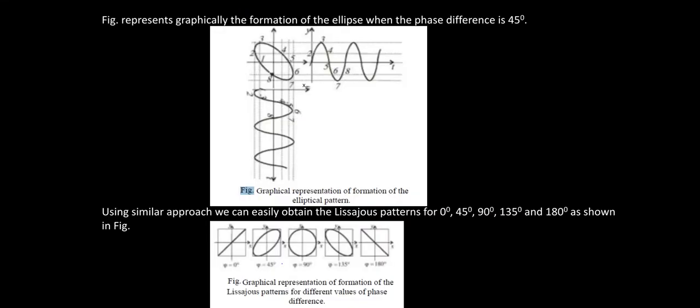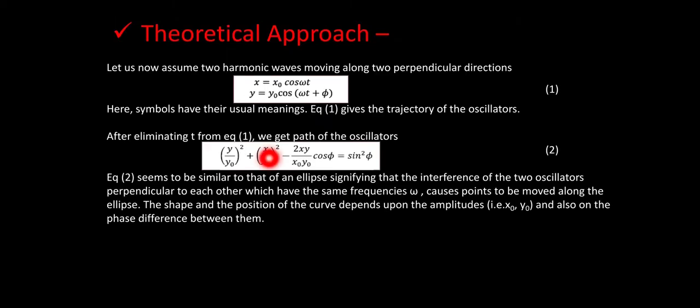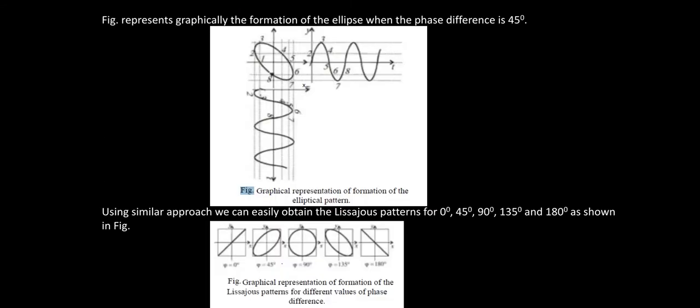So this figure graphically represents the formation of an ellipse when the phase difference is 45 degrees. It is not necessary that every phase difference gives an ellipse. What happens when we introduce a phase difference of 45 degrees?